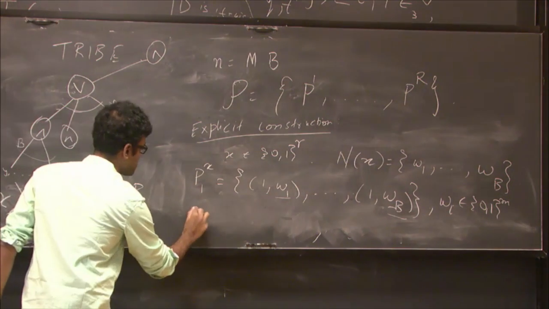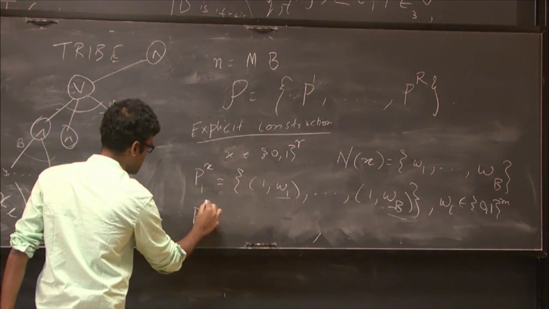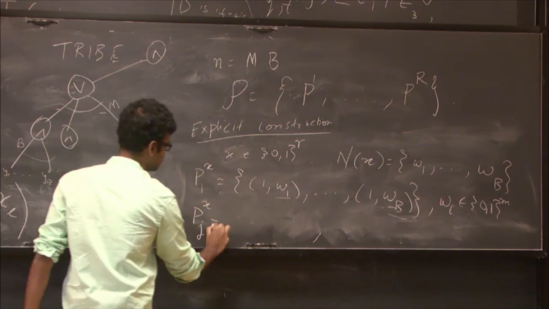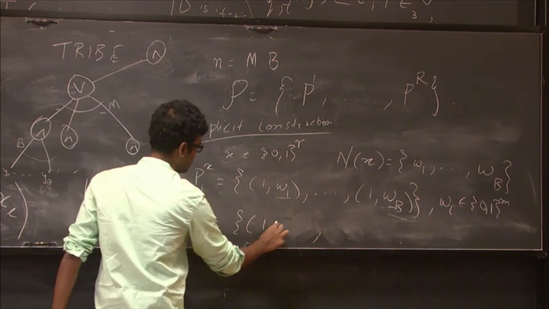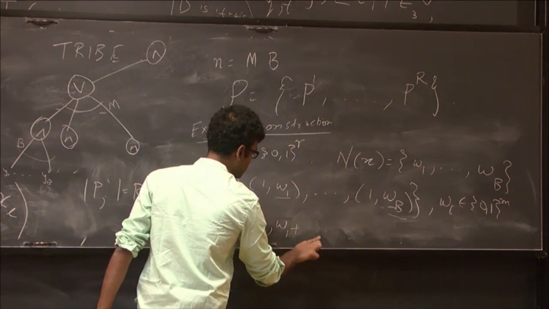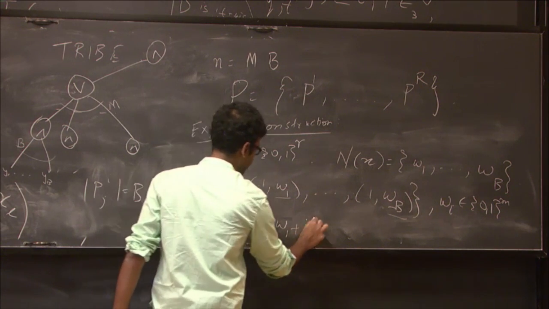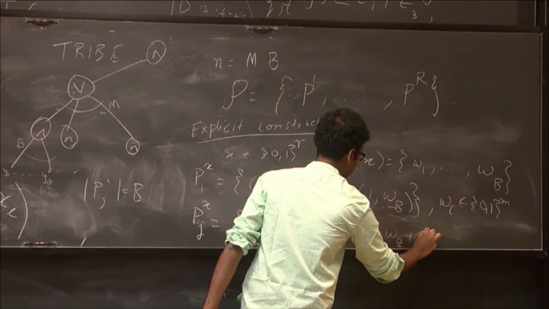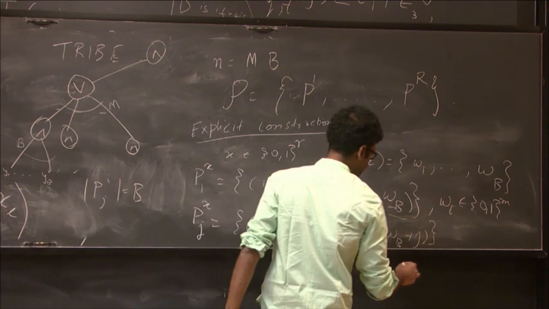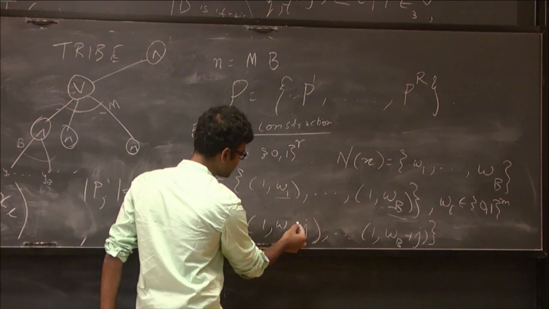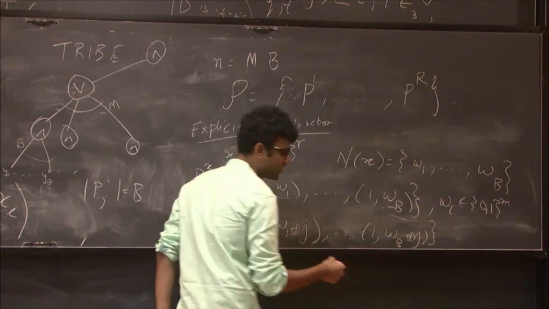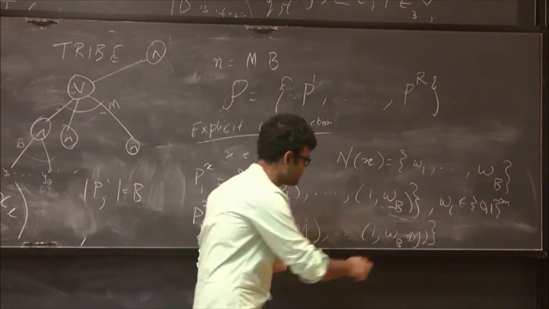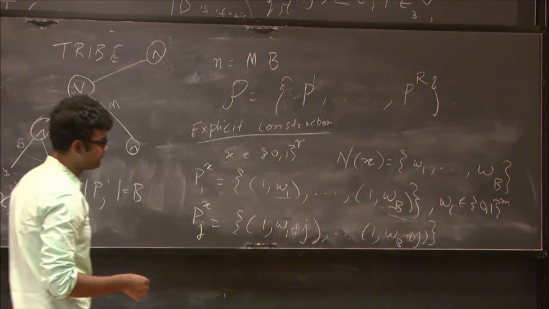So say P x j is defined to be (j, ...), where the plus means maybe the bitwise XOR of interpreting j as an m-bit string. We shift each of these points by j.